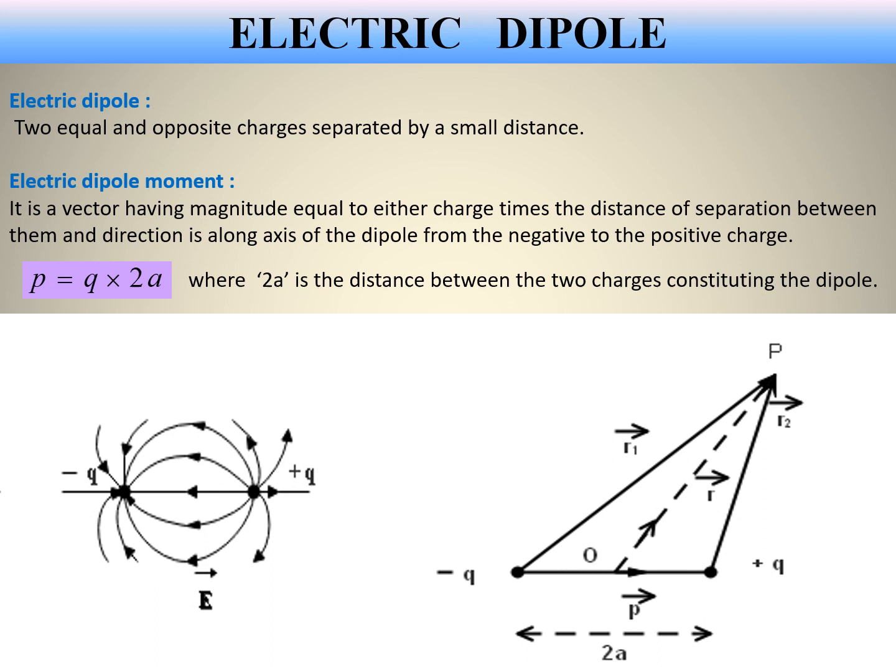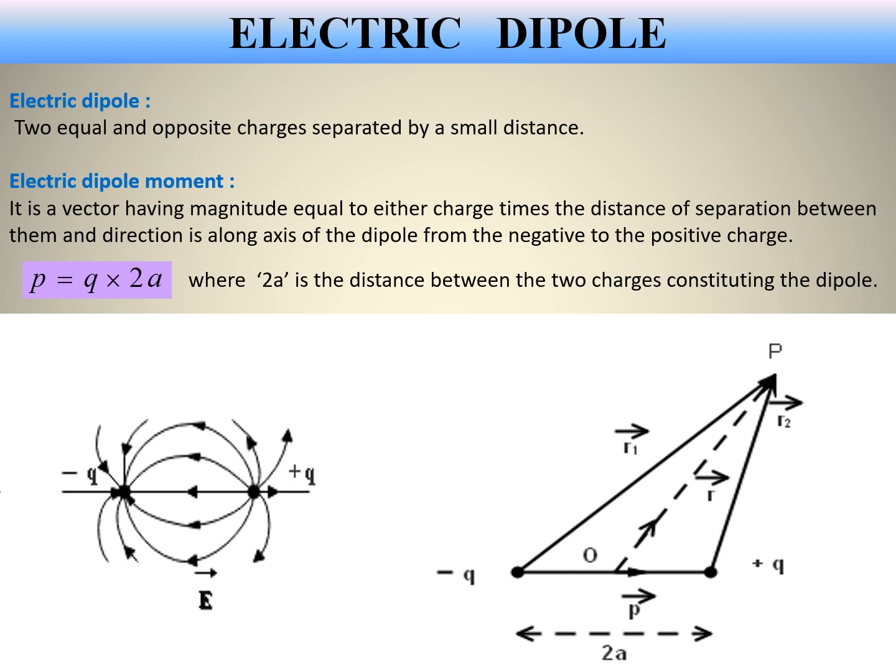Now let us come to the definition of electric dipole moment. Electric dipole moment numerically is equal to the product of magnitude of either charge and the distance of separation between the two charges which constitute the electric dipole. And the direction of electric dipole moment vector is from the negative charge to the positive charge along the axis of the dipole.